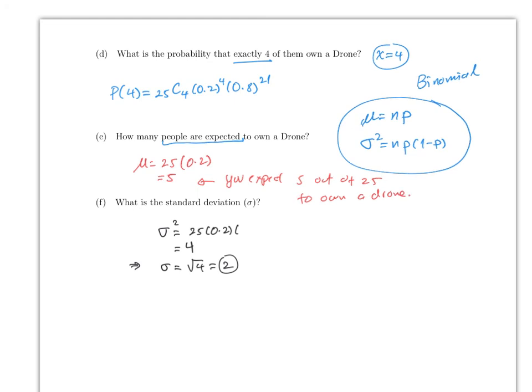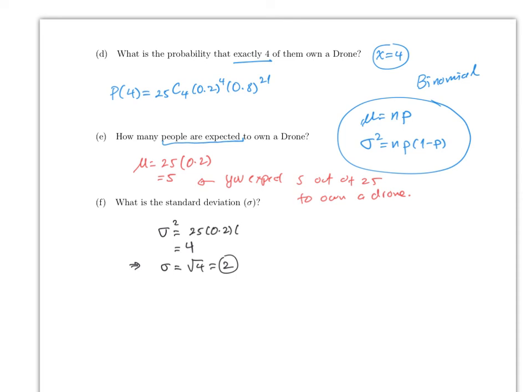What about the standard deviation? So sigma squared is the variance, which is n times p times 1 minus p, so this will be 25 times 0.2 times 0.8. So therefore, how much is this? Anybody?